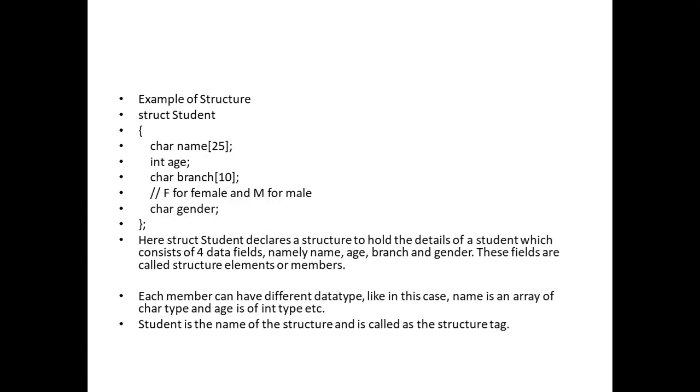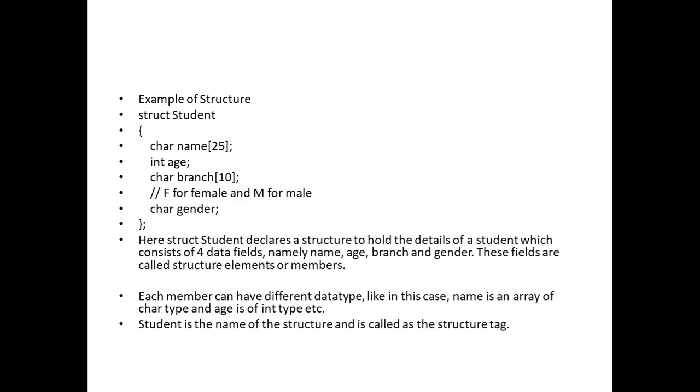For each member, a separate memory location is allocated. Name is a character array of size 25, age is an integer, branch is a character array of size 10, and gender is a character variable.